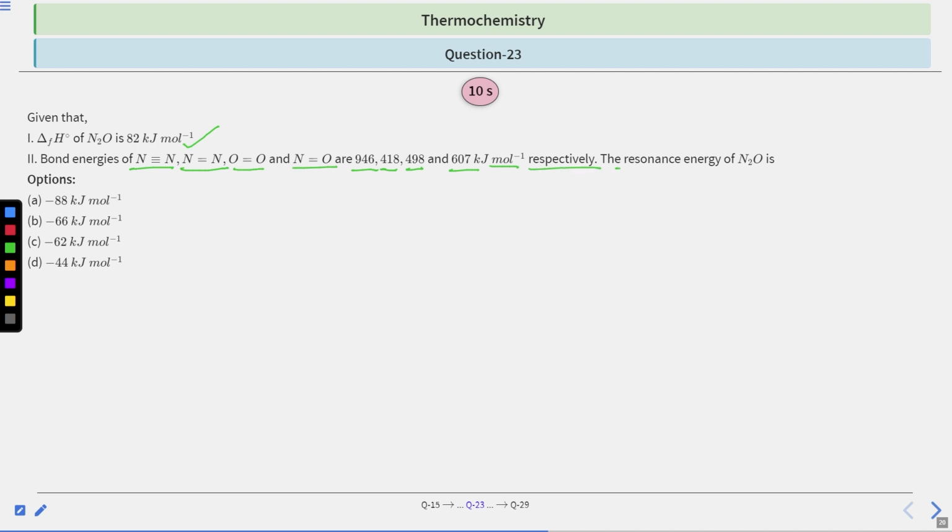So we have to find the resonance energy of N2O. Options are minus 88 kilojoule per mole, minus 66 kilojoule per mole, minus 62 kilojoule per mole, or minus 44 kilojoule per mole. So you have 10 seconds to solve this question. After that, we will see the answer.